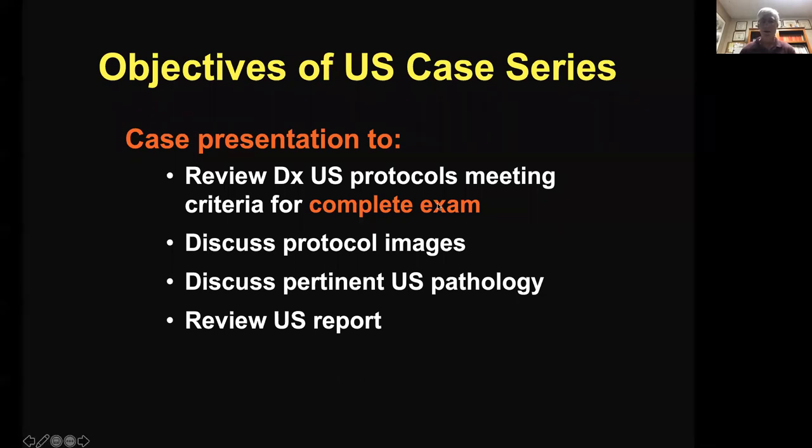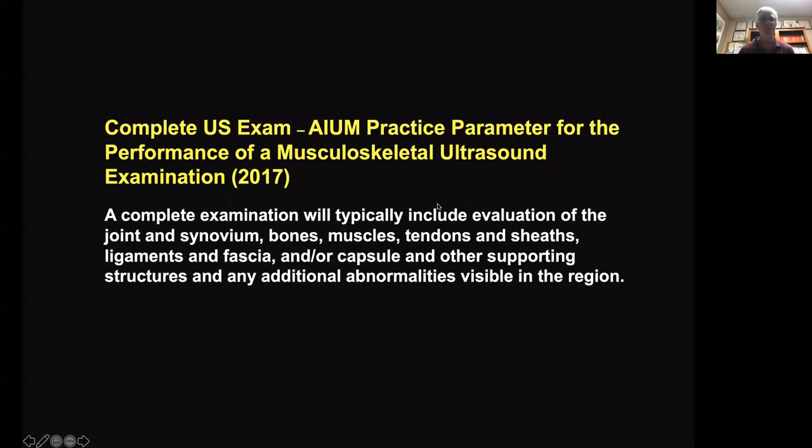Now, what is a complete exam? Well, it's a loose term, and I just put up the AIUM definition of a complete exam, which typically includes evaluation of joints, synovium, bones, muscle, tendons, sheaths, ligaments, and capsules, etc. In other words, we are looking at all the pertinent anatomy in the region.